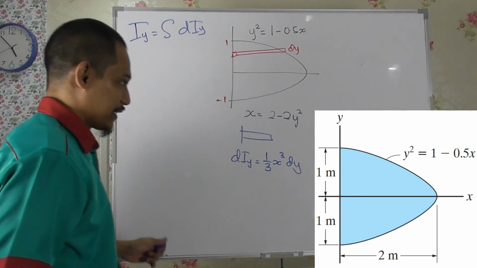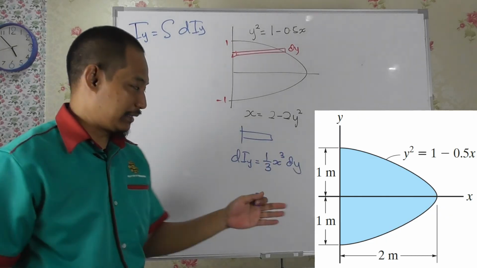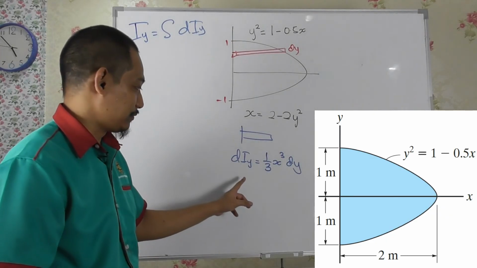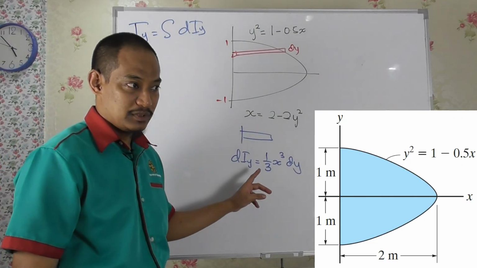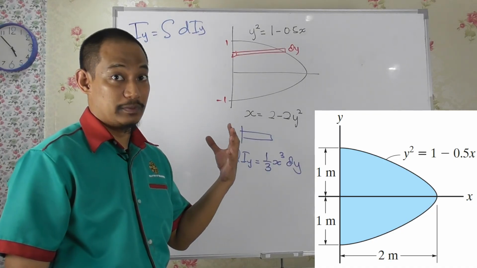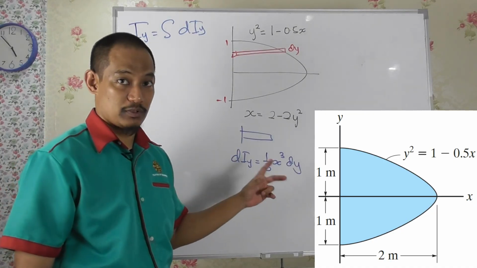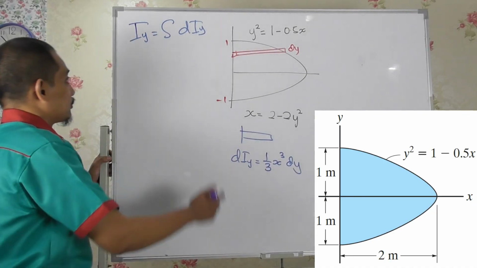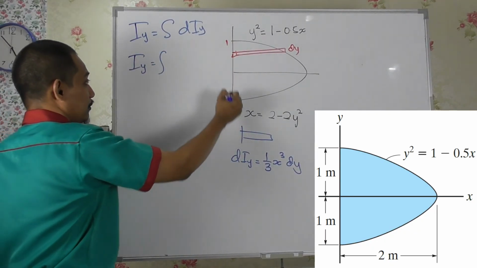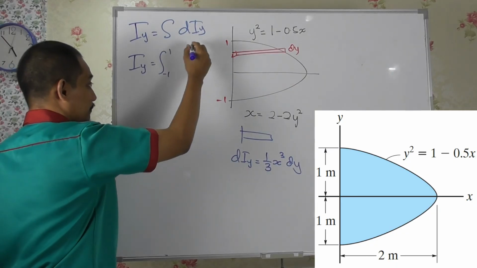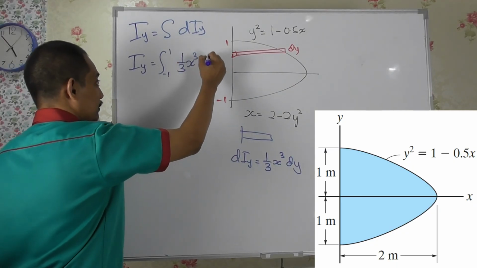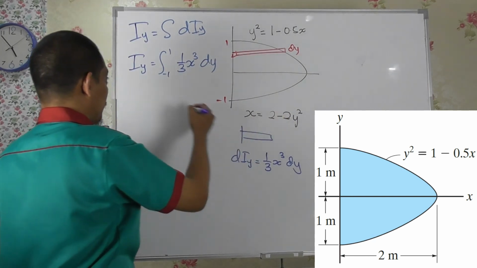This is being derived. Watch the lecture. I think if you have watched the lecture, I have mentioned this a lot, right? How this comes about, and if you have done enough exercises, this will become something that you memorize, right? 1 over 3 hb cubed or bh cubed, right? Okay, so plug in here, Iy equals the integration from the same limit, -1 to 1, of 1 over 3 x cubed dy, and x is basically this one, right?